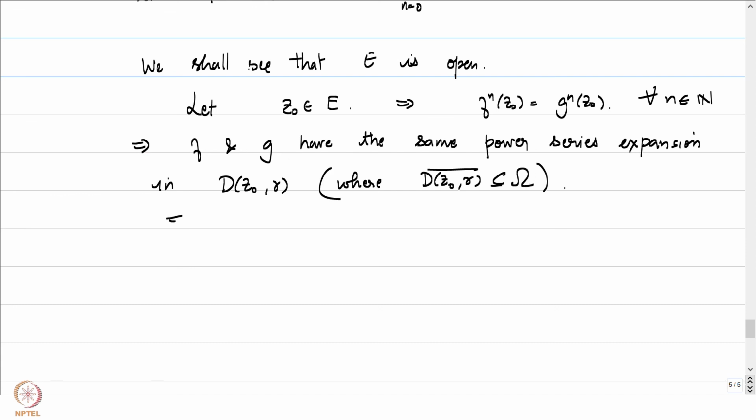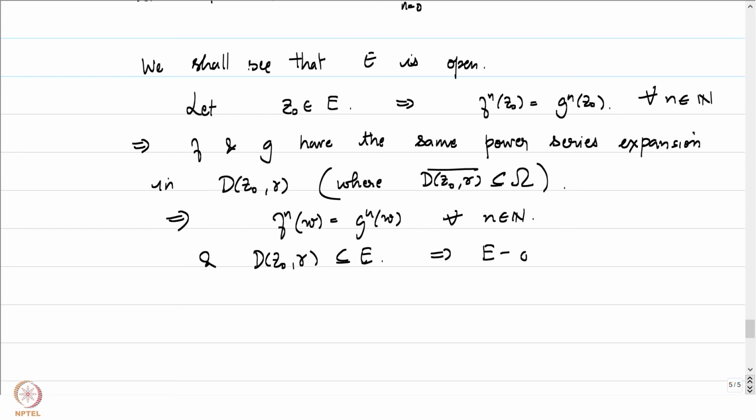The moment we have that, this implies that f_n of w is equal to g_n of w for all n in natural numbers, and D(z0, r) is contained in E, which implies that E is open as well.